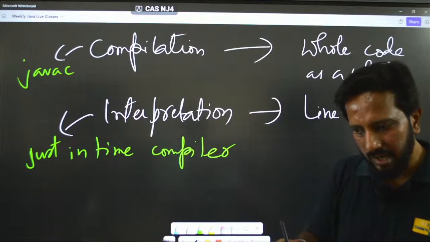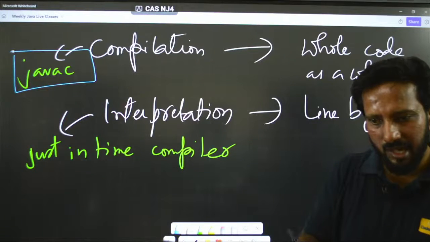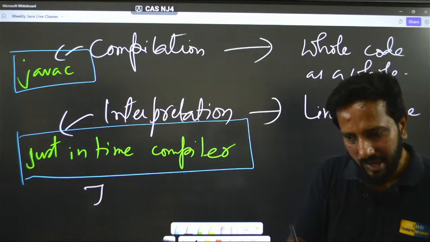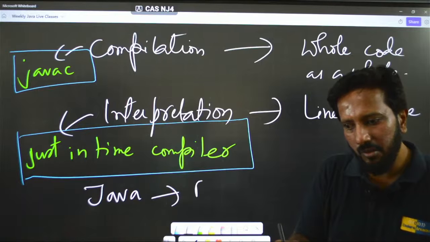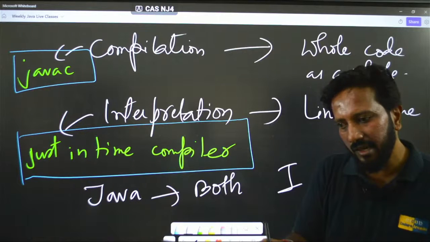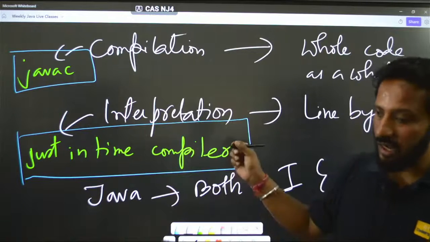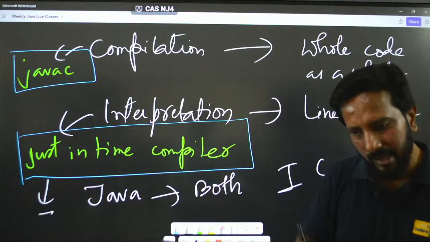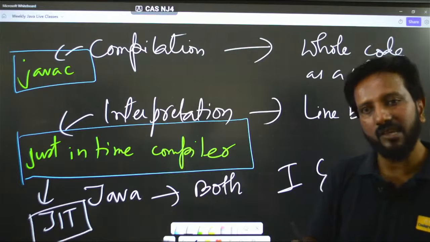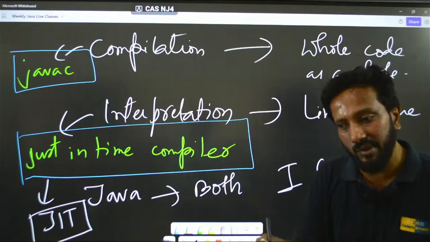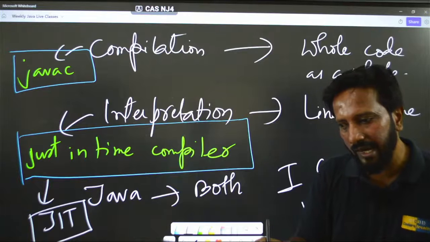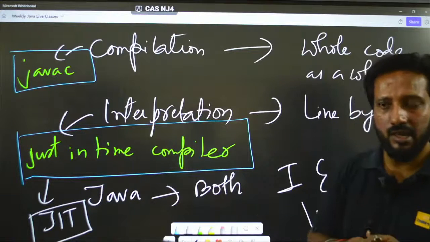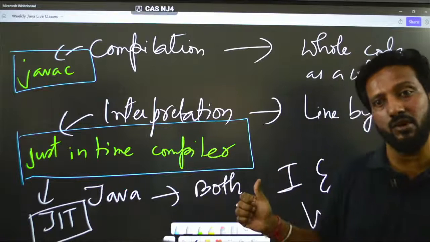Because of this scenario, your Java machines are platform independent and they are both. So Java is a programming language which is both interpreted and compiled. Because of the JVM and this JIT compiler, the Java bytecode can be run in any operating system. That's why we got the concept WORA, write once, run anywhere. Is that clear? So guys, this is a very important concept, please remember this.